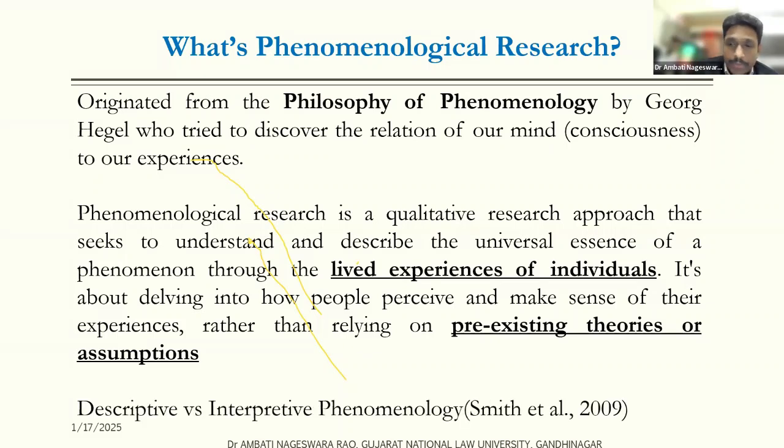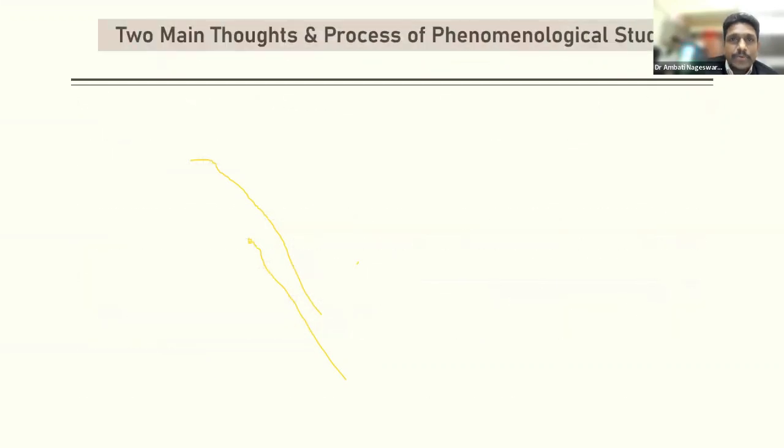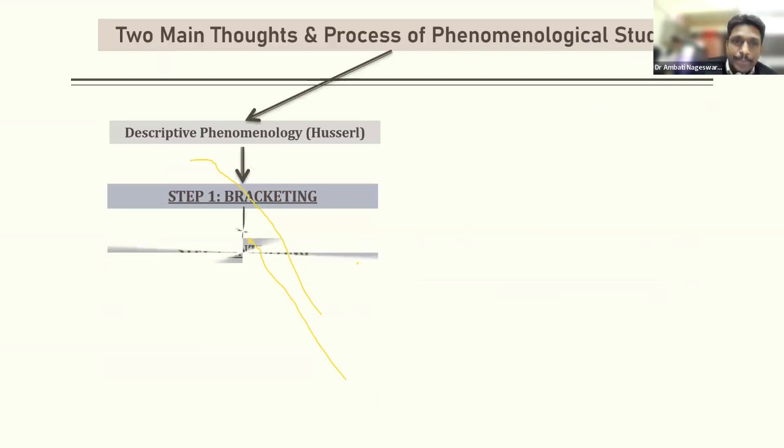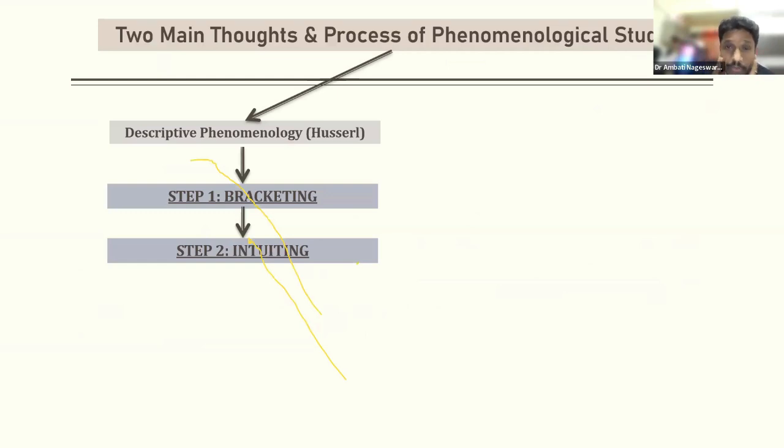There are two types of phenomenological studies. One is descriptive, the second one is interpretive phenomenology. In descriptive phenomenology, as a researcher, you are going to keep bracketing. Means, you are going to hold your prior assumptions, whatever knowledge that you have.